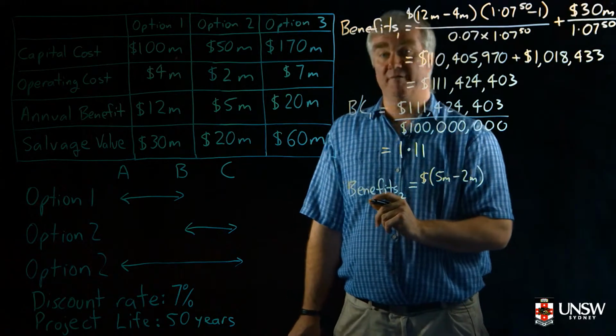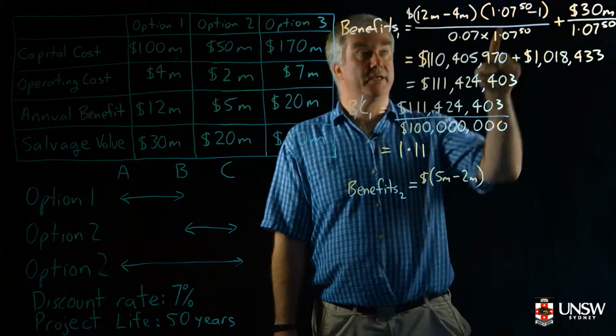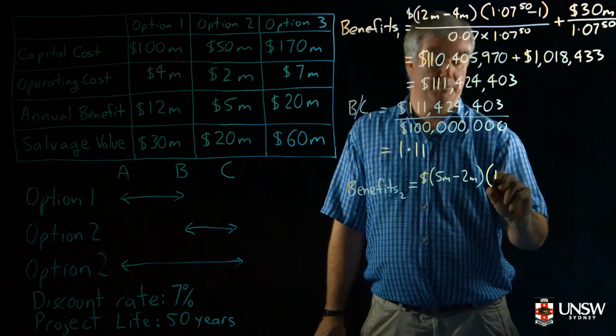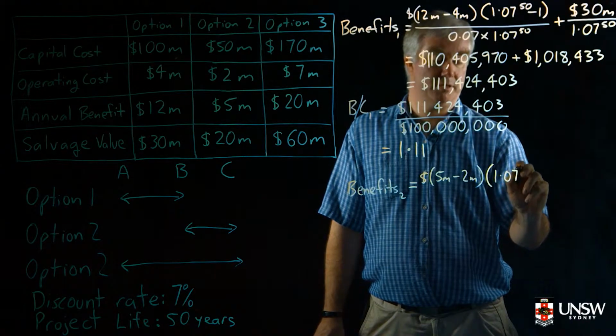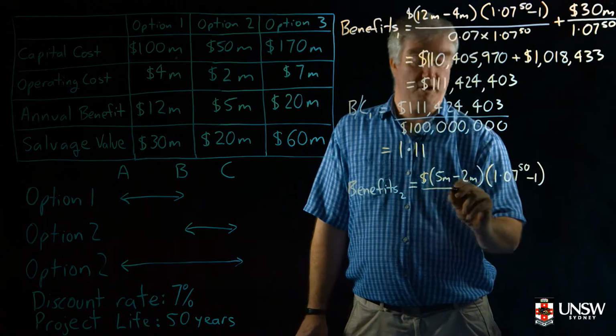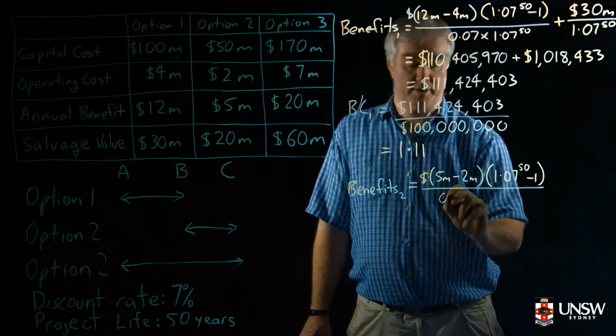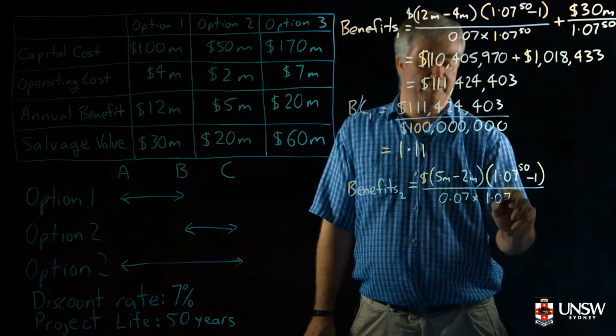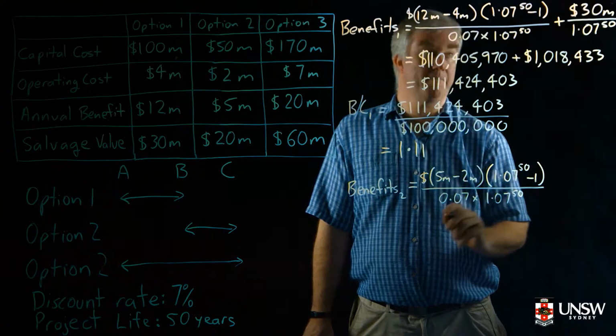Once again, we've got our factor. Now the discount rate is the same and the number of years is the same. So it's going to be 1.07 to the power of 50 minus 1, all divided by 0.07 times 1.07 to the power of 50.